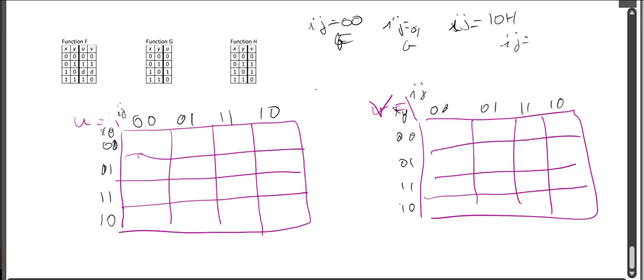And ij equals 1, 1 doesn't correspond to any function, so that's a don't care. So you would fill in don't cares.